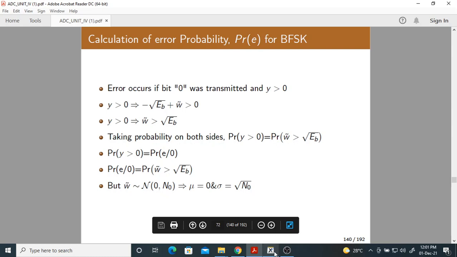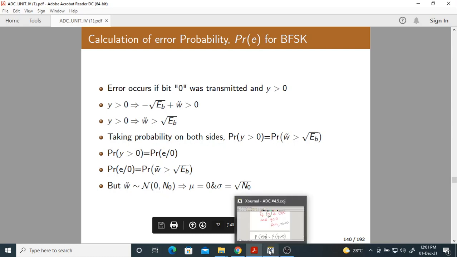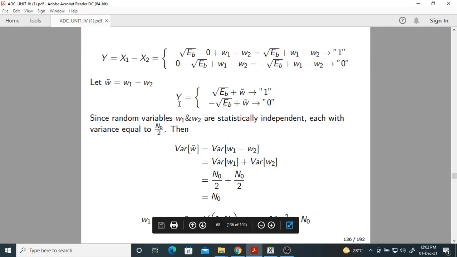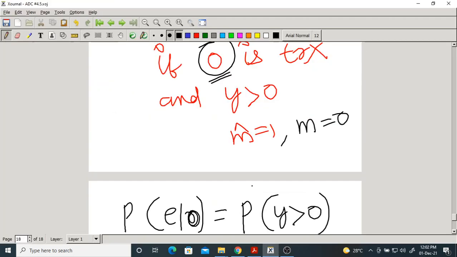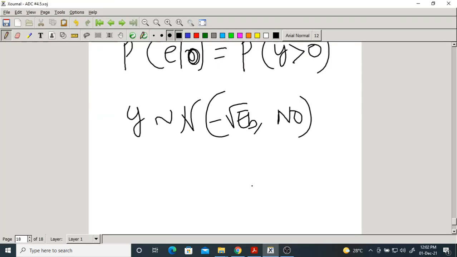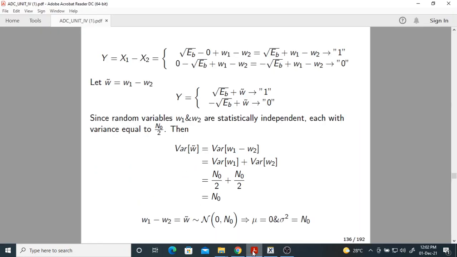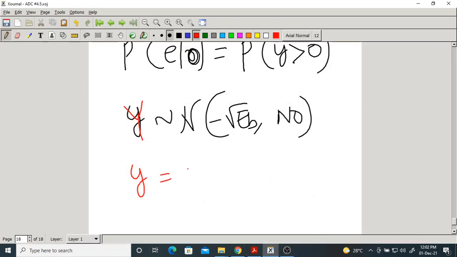But what is exactly y? Capital Y is minus root Eb plus w tilde.